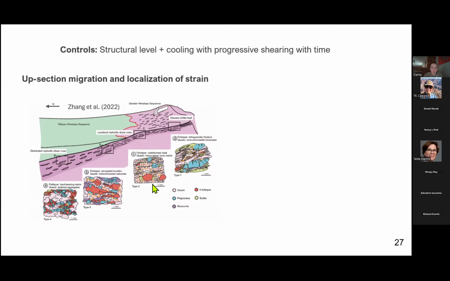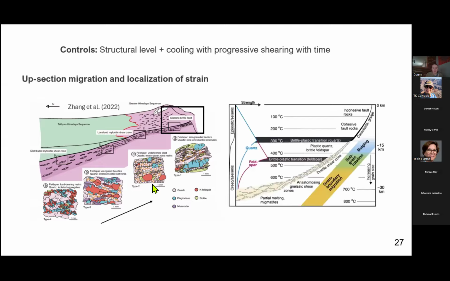And like in the Tsum Valley, deformation progressed and localized towards higher structural levels and with decreasing temperatures into quartz and micas. So here, the upsection migration of deformation does result in the formation of a discrete brittle fault at higher structural level.